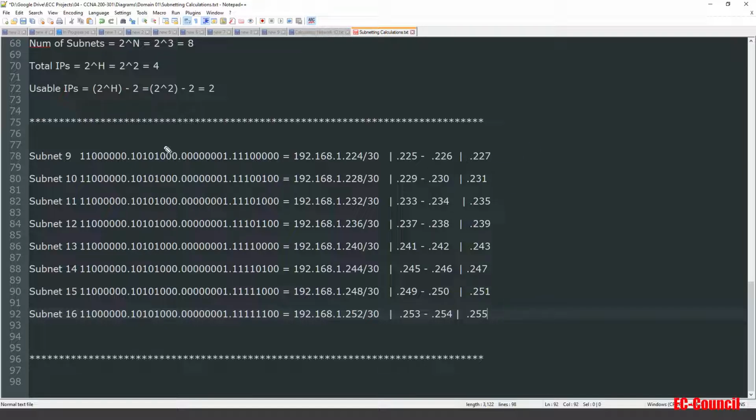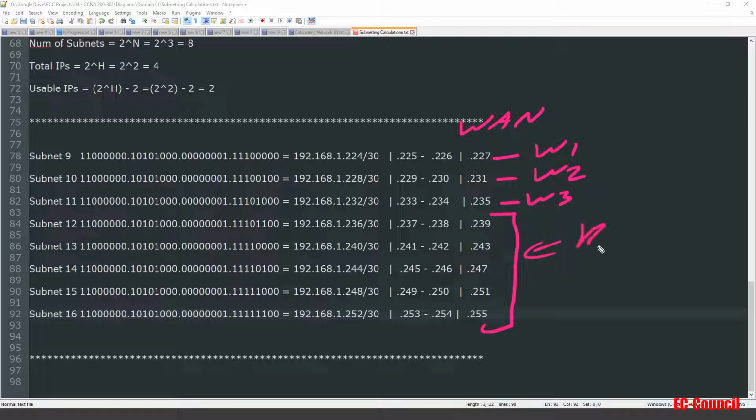So each of these new networks, which is subnet 9, 10, 11, 12, 13, 14, 15, 16, will be used strictly for WAN links. So we could designate this link to be for WAN 1, WAN 2, WAN 3, and these remaining extra 5 can be used for future reservation.